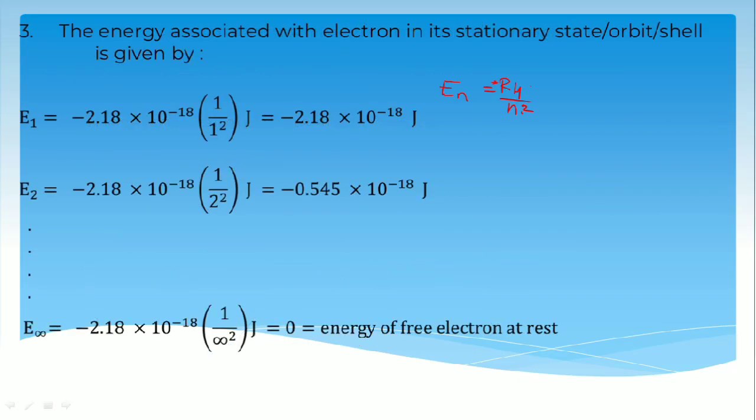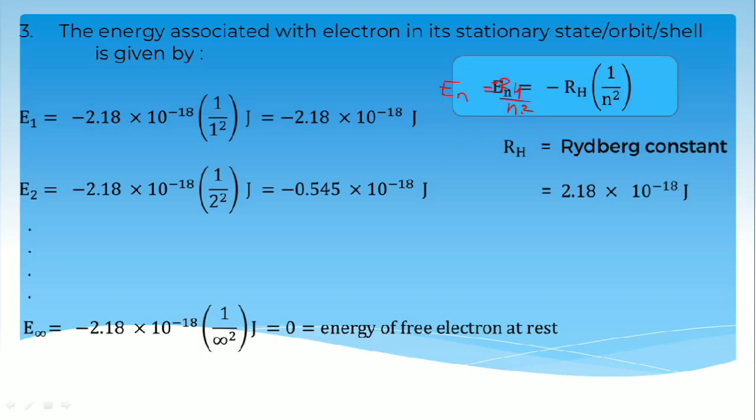En equals minus RH by n square, where RH is the Rydberg constant, which we can write as 2.18 into 10 to the power of minus 18 Joule.